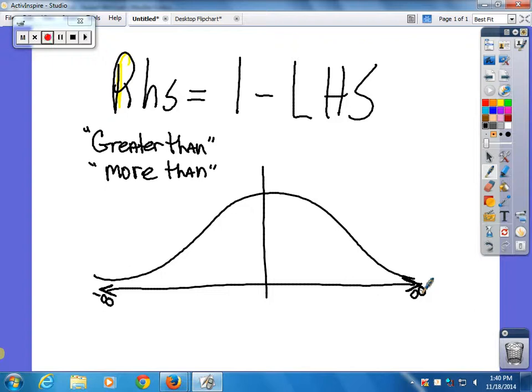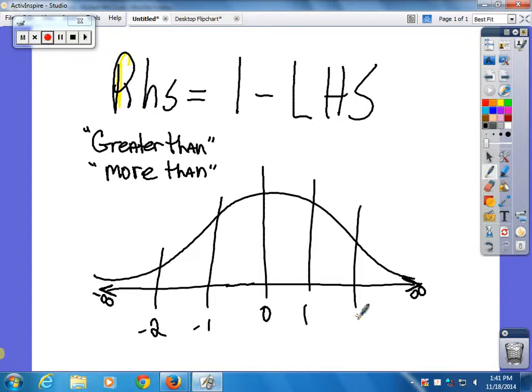All right. This is 0, 1, 2, negative. And I'll just erase that. And this is 1. And this is 2. All right.